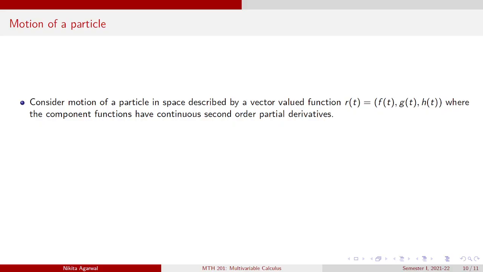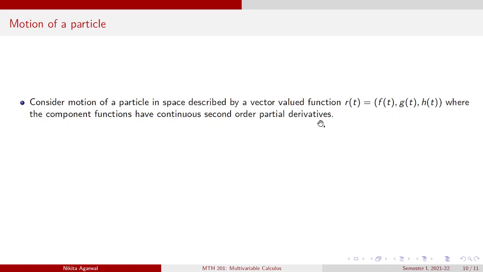Now, let us relate all of these. We were using terms like time, position, velocity, speed. They very much look like terms that we use for the motion of a particle, right? So consider the motion of a particle in space described by a vector valued function where the component functions have continuous second order partial derivatives. So this is an important condition here. We are taking continuous second order partial derivatives.